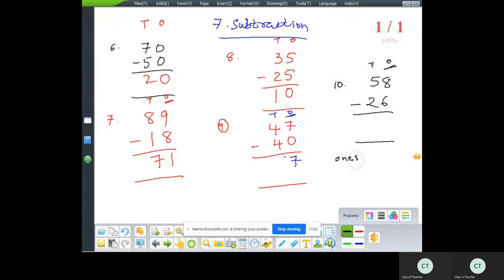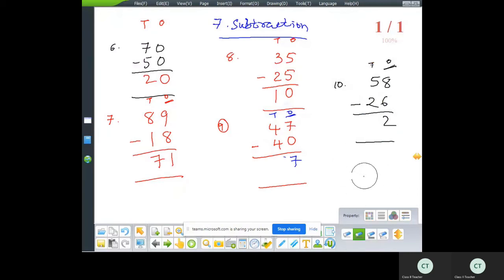The digits from the ones place are 8 and 6. 8 minus 6 means draw 8 lines: 1, 2, 3, 4, 5, 6, 7, 8. From 8 lines we remove 6 lines. After removing 6 lines from 8 lines, how many lines are there? 2. 8 minus 6 is 2.